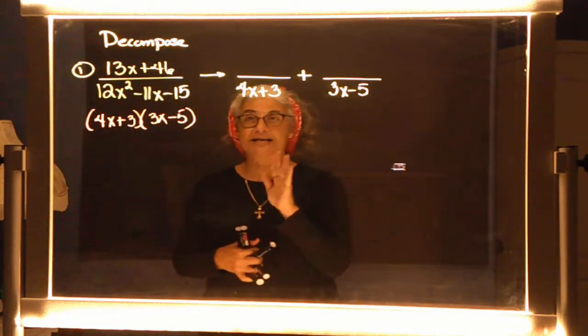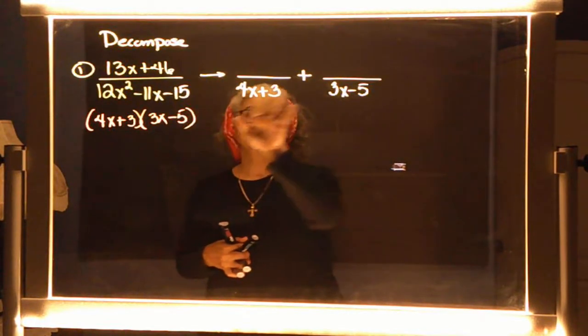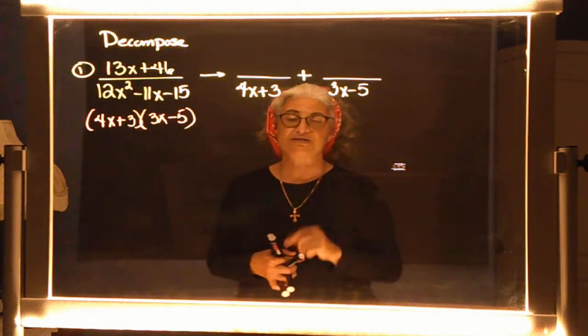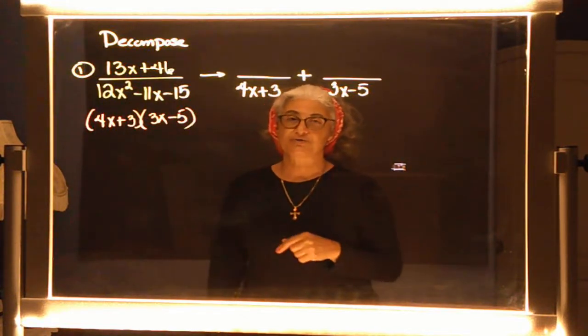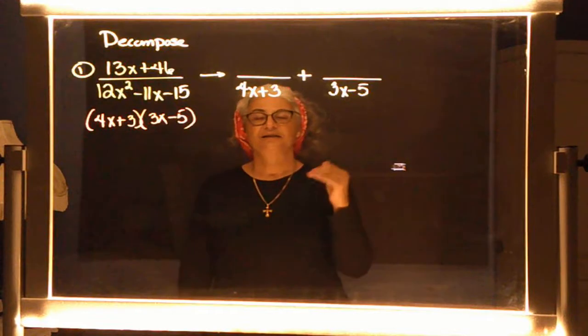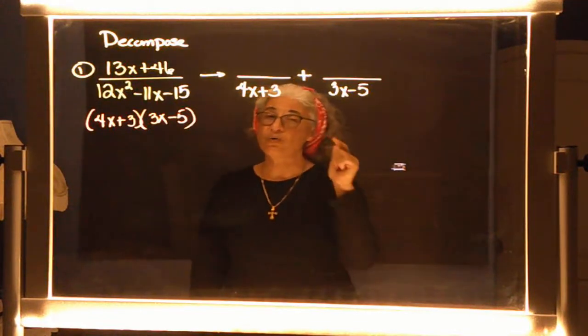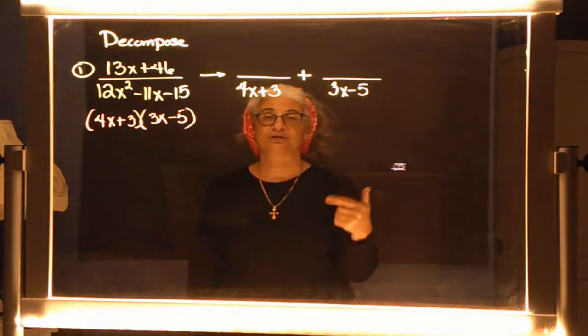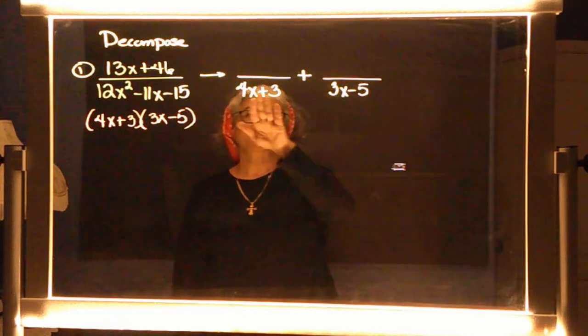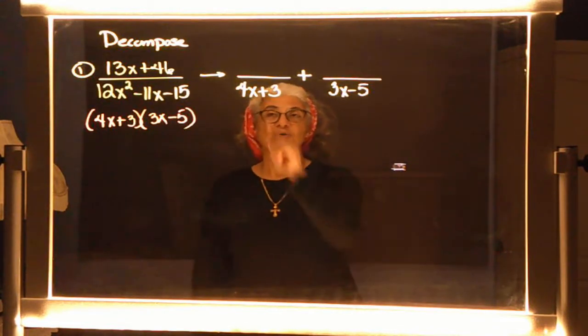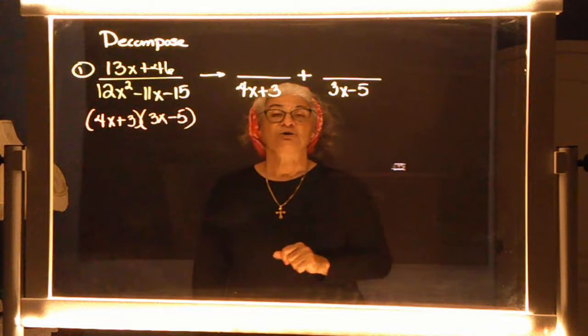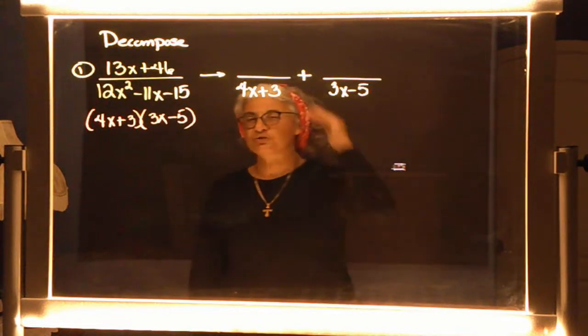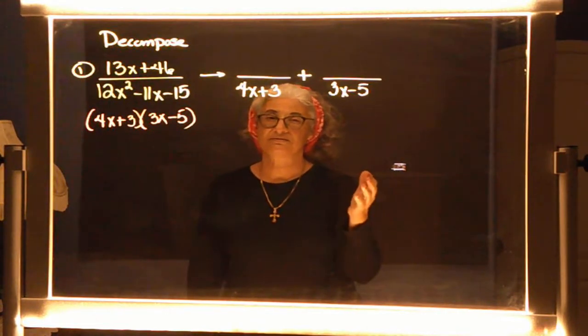Okay, now that we know these factors are our denominators we're looking for, what's next? Yeah, the numerators. So they told us that the degree of the numerator is always 1 less than the degree of the denominator. So let's look at this denominator. What's its degree? Correct, a 1. So the degree of the numerator would be a what?